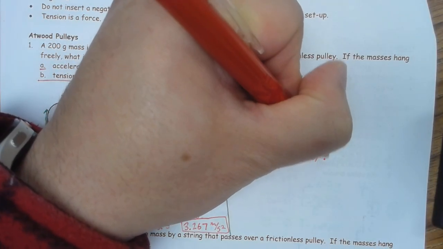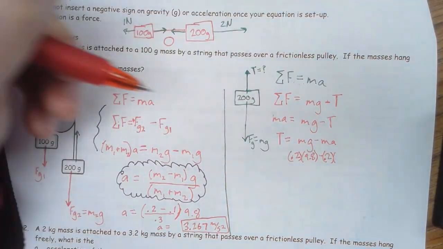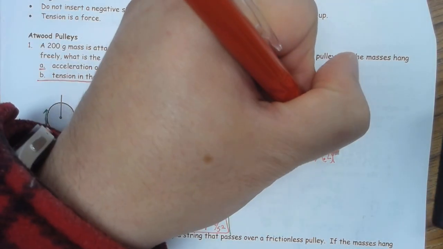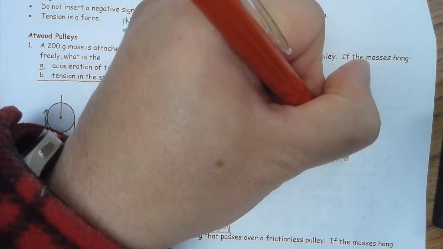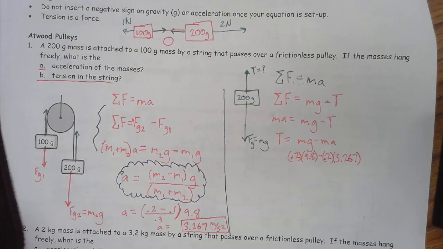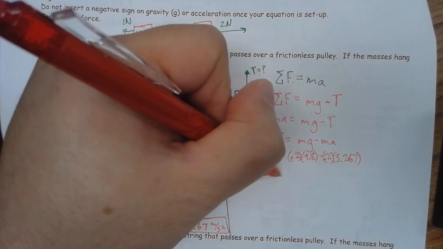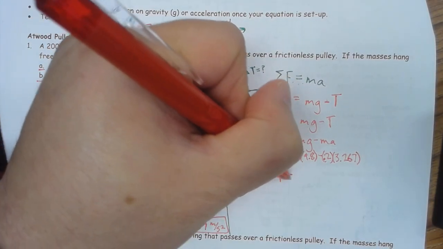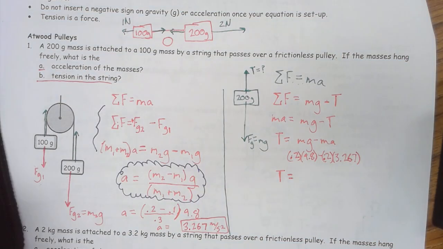Mass again is 0.2, and a is 3.267. My tension equals, types in some numbers, I think it's 1.307. 1.3.